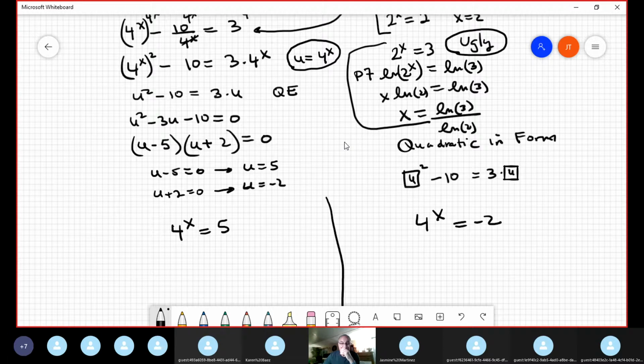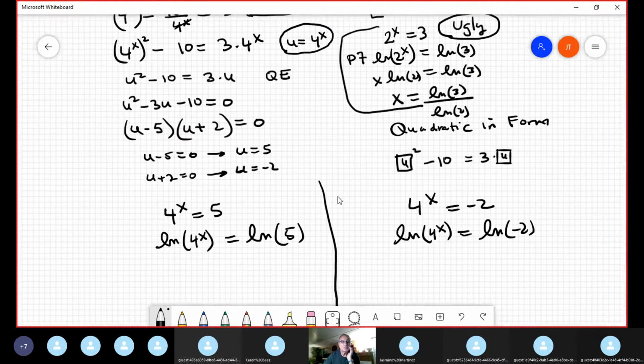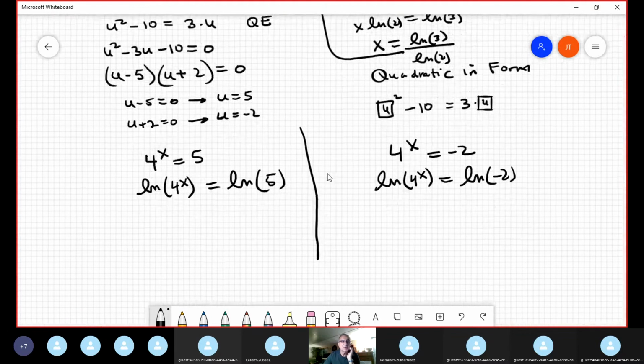Then you apply the standard logarithm that you have in your own calculator, no? Suppose I apply, I don't know, LA. Why not? No discrimination with the LA. And here exactly the same. LA of 4 to the x power equals ln of negative 2. So now you apply the property 7 in both cases.